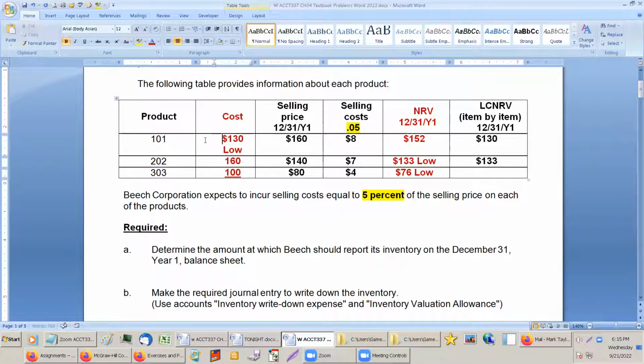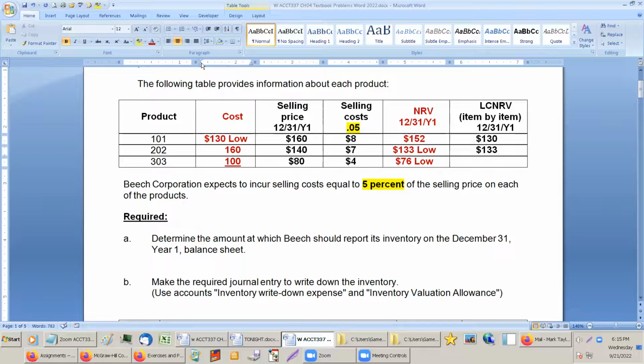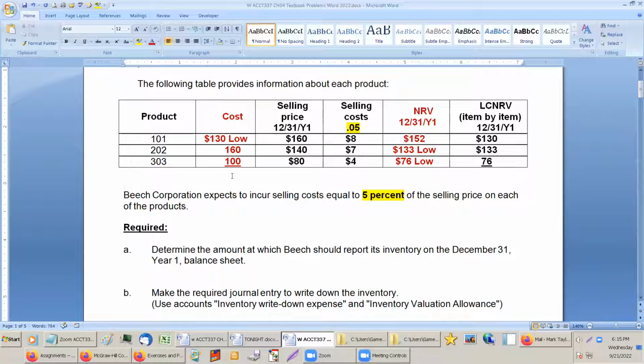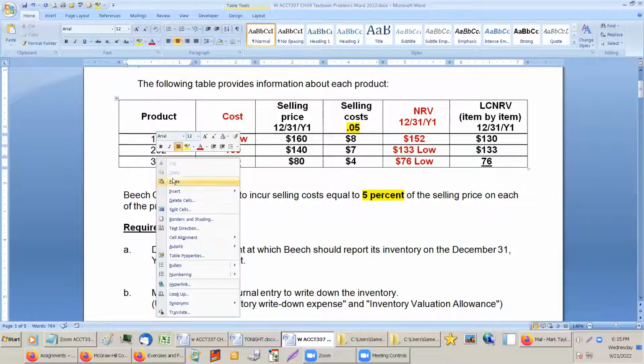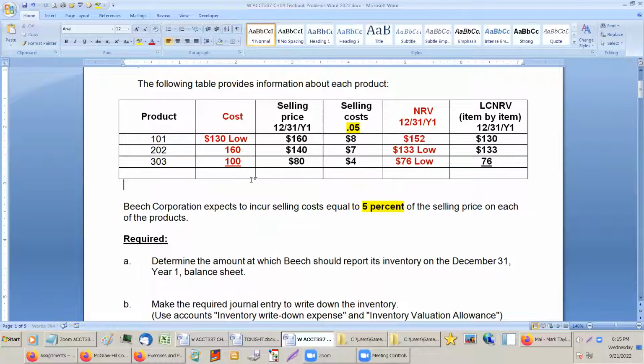Okay, so for these three items, just tag a row on the bottom. Hey, look at that, it worked.